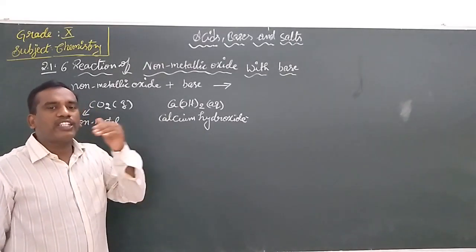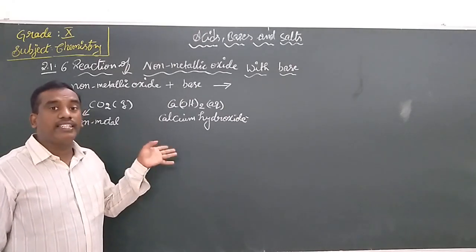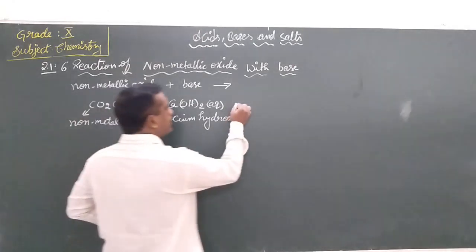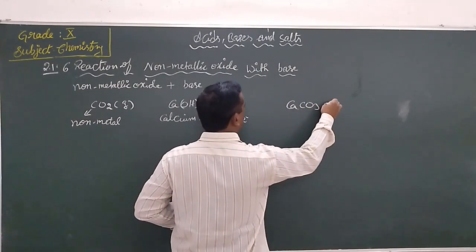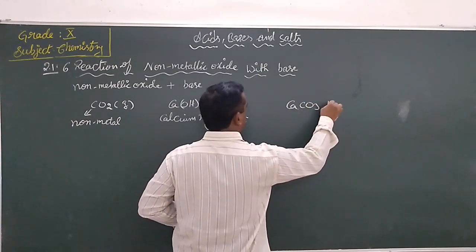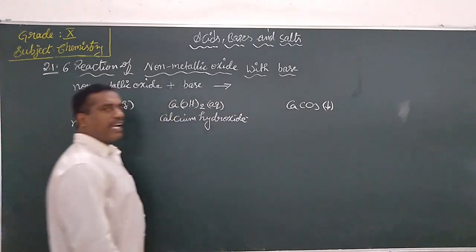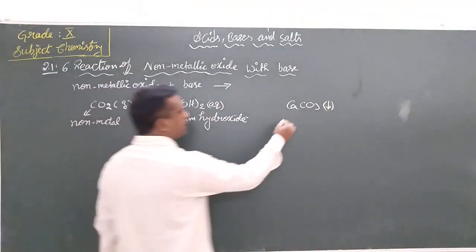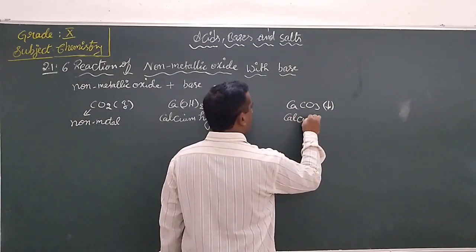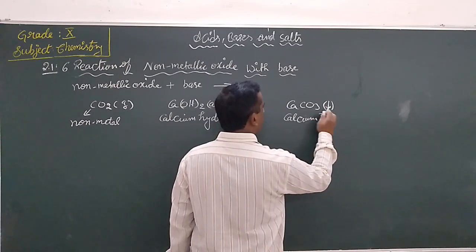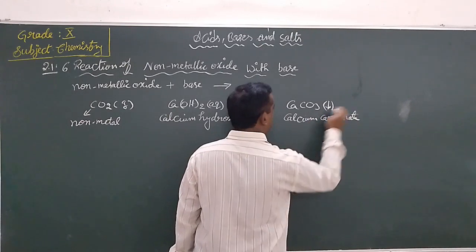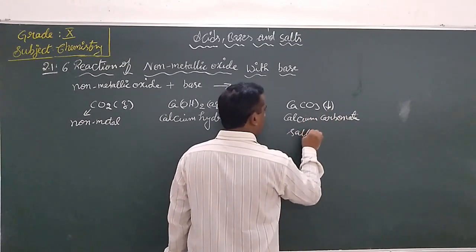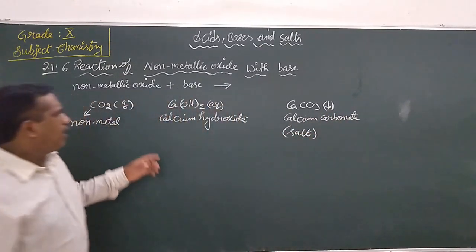The milky color is due to the formation of CaCO3 precipitate, calcium carbonate precipitate. Calcium carbonate is also a salt.